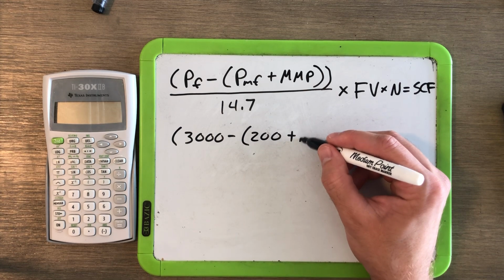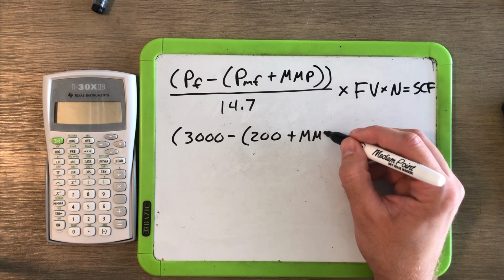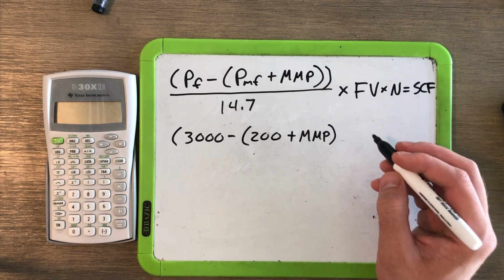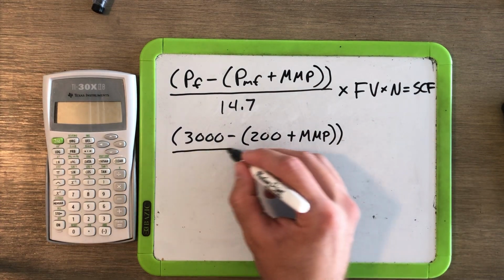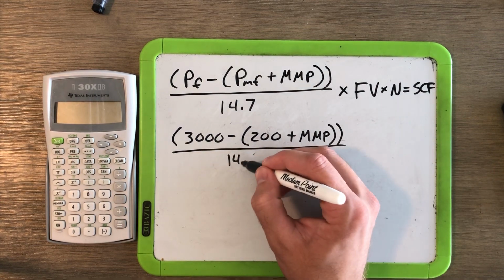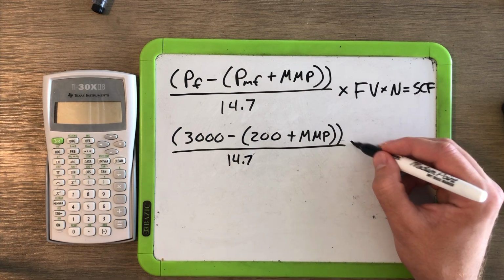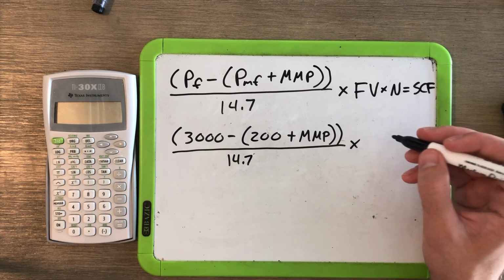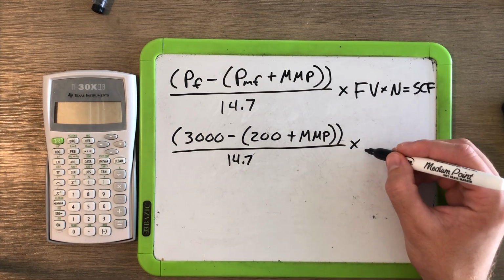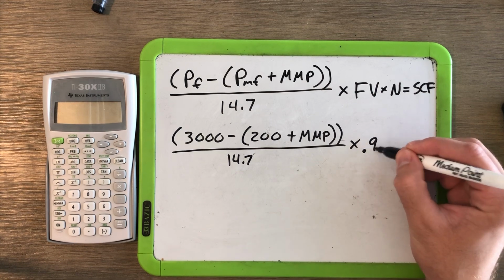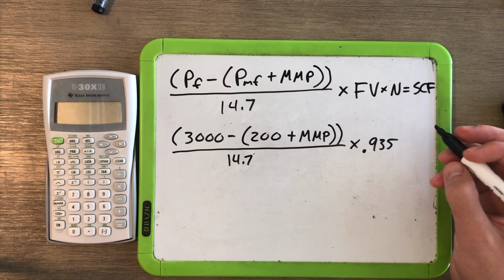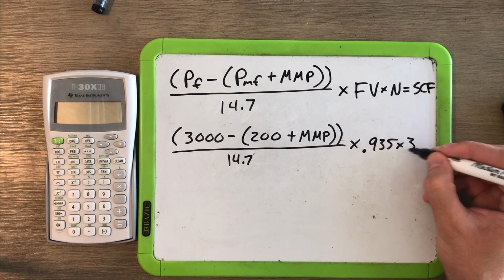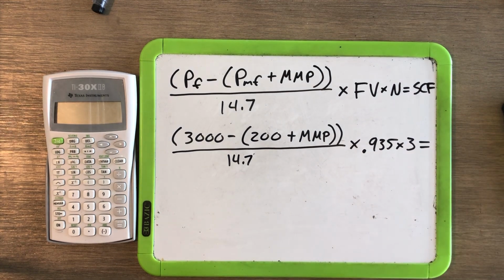I'm just going to write MMP here for a second. And then we divide that by 14.7 multiplied by the floodable volume, which you look up in your formula book. It's 0.935 times 3 will give us our answer.